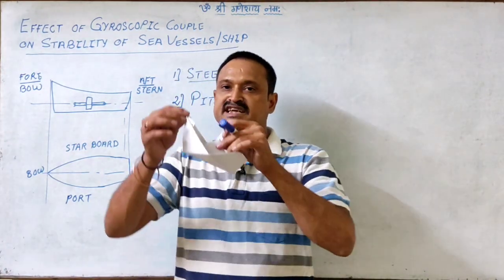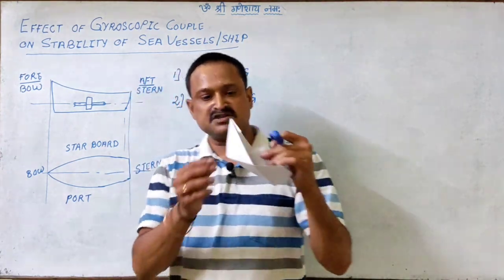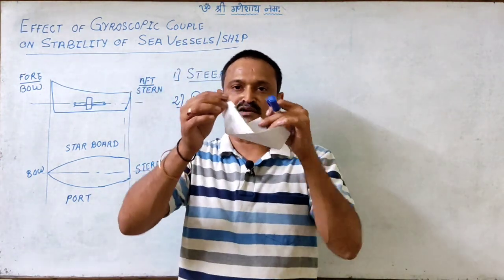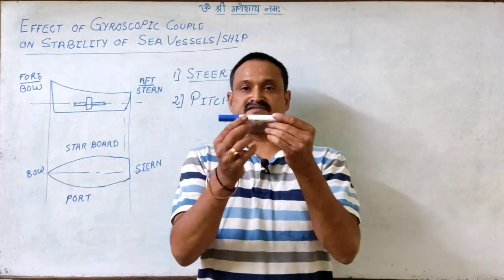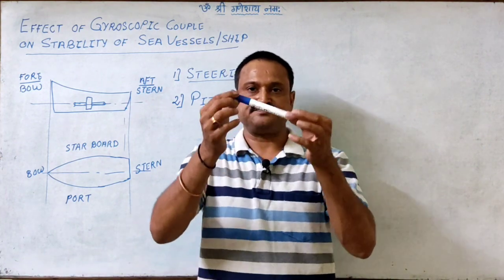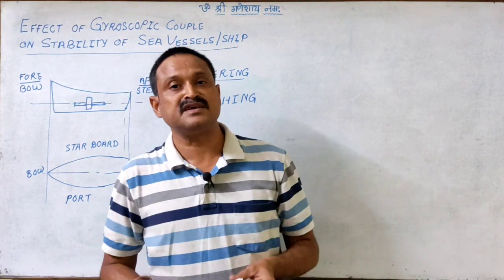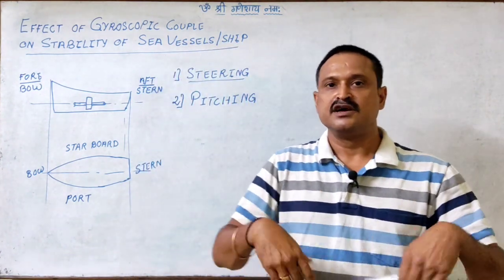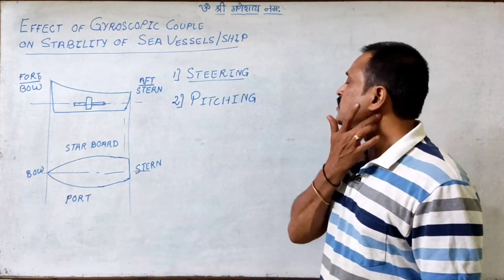So the bow is getting raised and then it is falling down. This motion of the ship is called the pitching motion. That means if this is the rotor blade, the rotor blades are turning this way. Both these conditions come under forced precession, so a gyroscopic couple will be acting. We will see how it is affecting.